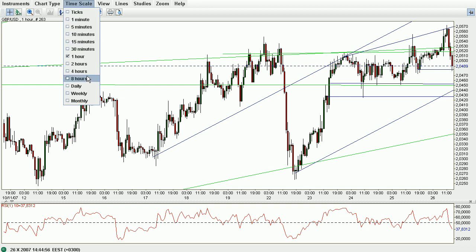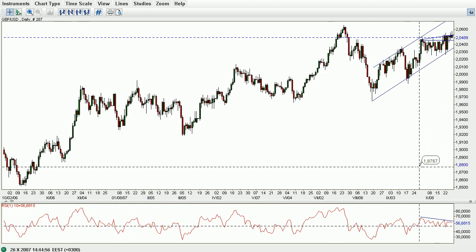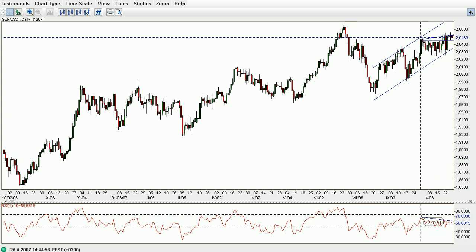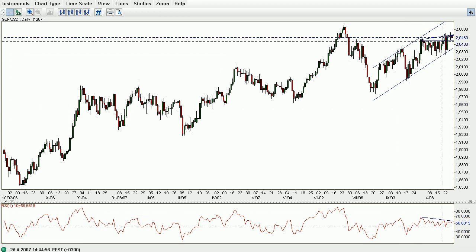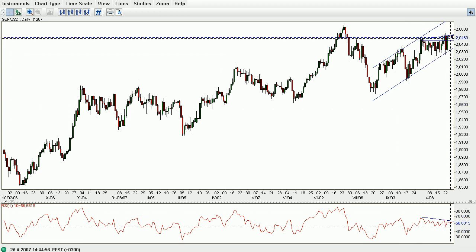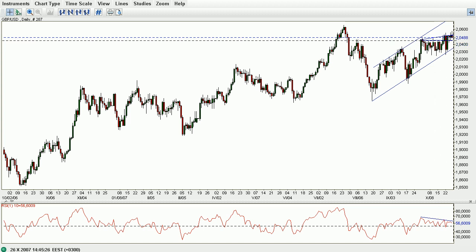Okay, so if we go to a daily chart, we might see that our divergence here, as on the 8-hour chart, is still untouched. We don't have a higher high here, so our currency pair is locked between those two levels, and we might be a little bit more patient in order to see a more serious break above or below those two levels.